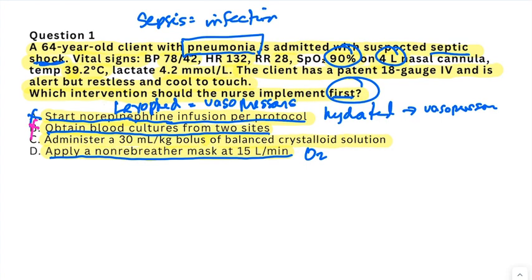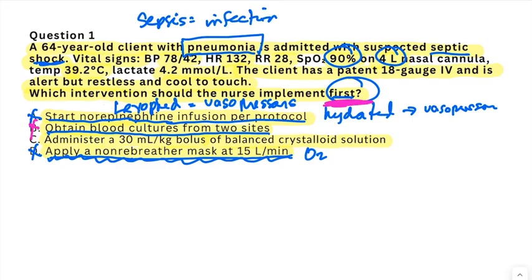However, starting a non-rebreather at 15 liters may be too much at first. Plus, that's not what's being asked, right? What's being asked in the question is, what do you do first? Although this is a good response, it's not the first thing to do.